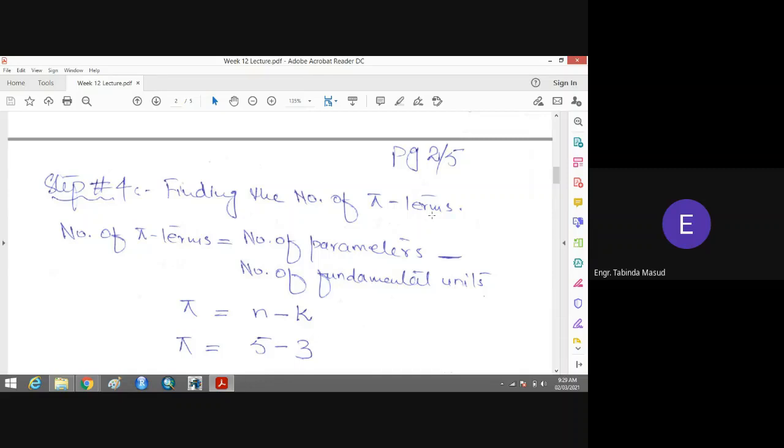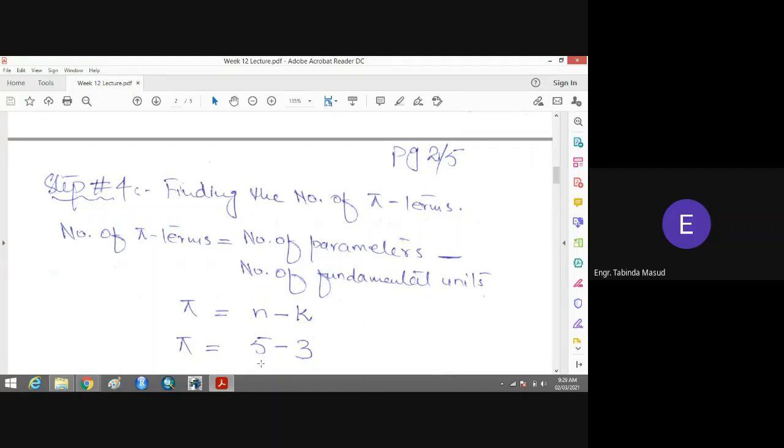So we will check how many pi terms we can have in this analysis. The number of pi terms is equal to the number of parameters minus the number of fundamental units. How many parameters do we have? We have a total of 5 parameters.